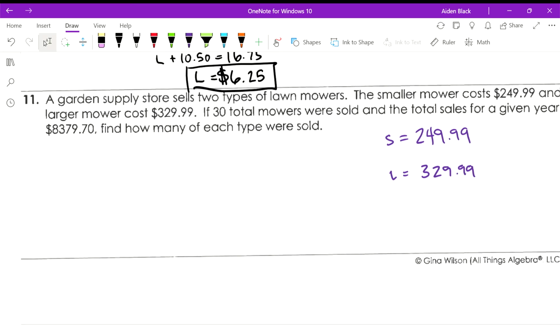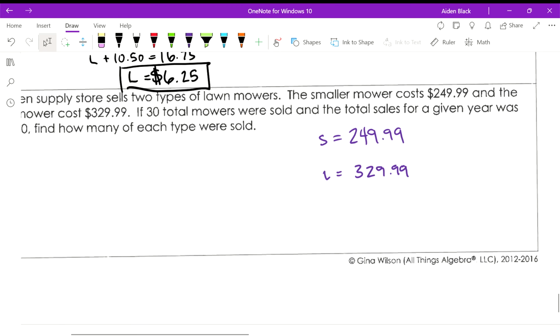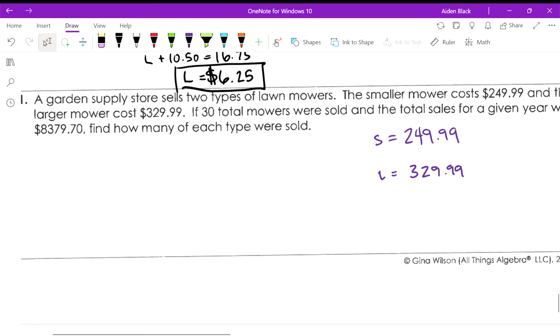If 30 total mowers were sold and the total sales for a given year was $8,379.70, find how many of each type were sold. Oh my goodness.